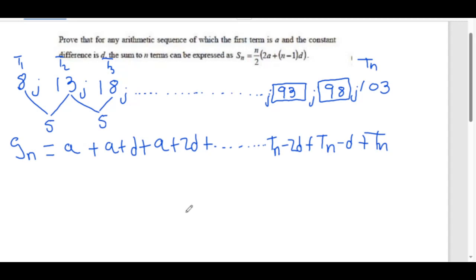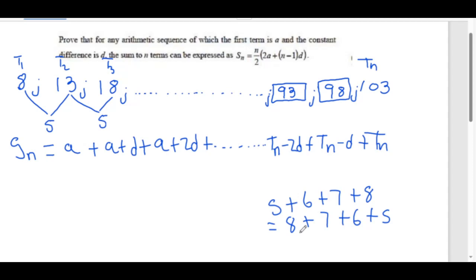Now going forward, I'm just going to make one example here. 5 plus 6 plus 7 plus 8 is the same as saying 8 plus 7 plus 6 plus 5. It's just starting from this side going that side instead.